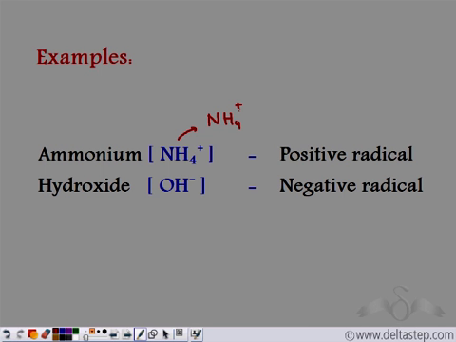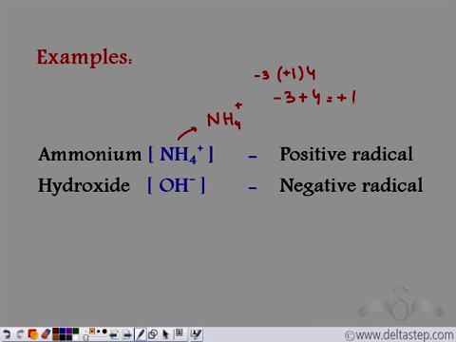The valency of nitrogen is -3, and the valency of each hydrogen atom is +1. So we have 4 hydrogen atoms, so we get -3 plus 4, which is equal to +1. And when we do not write a 1 here, this means +1. So this +1 is the overall charge for this ammonium radical.